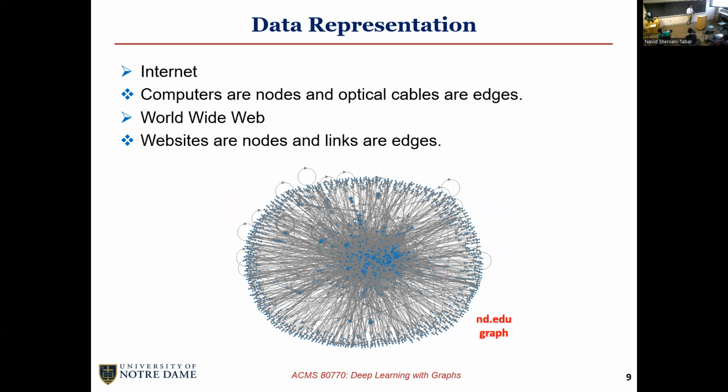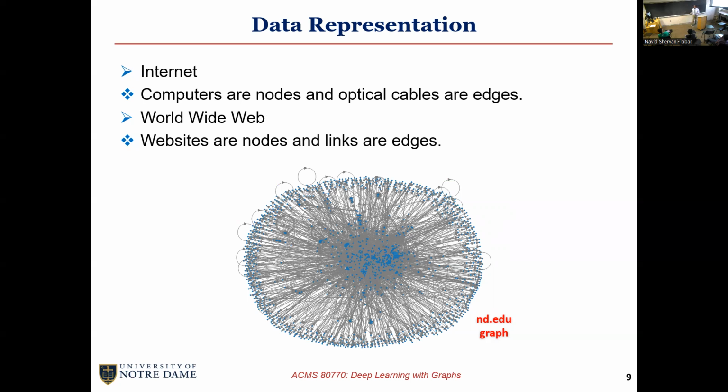The other thing is the internet and the World Wide Web. People use these two interchangeably, but the internet is actually the physical connection between computers. So when we represent the internet with a graph, my computer is a node.